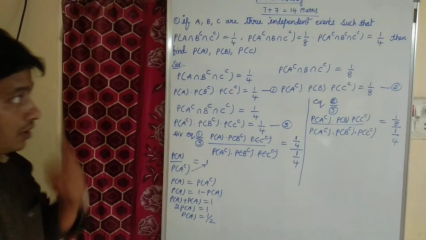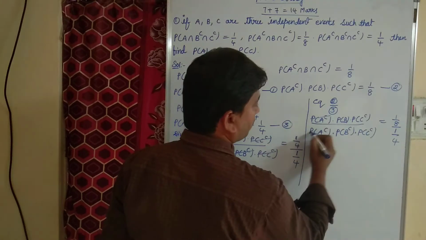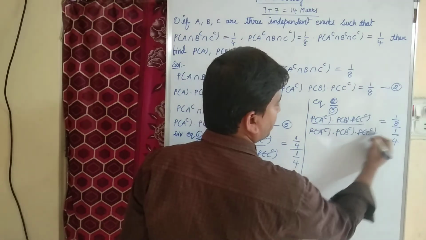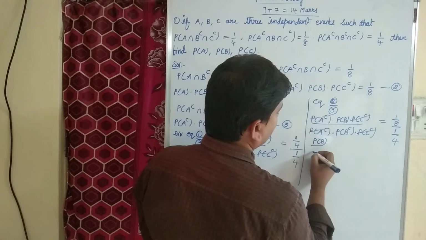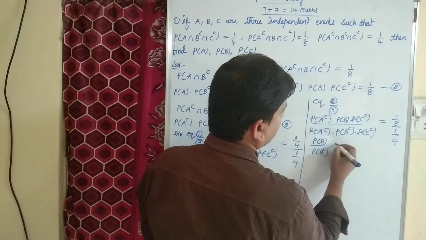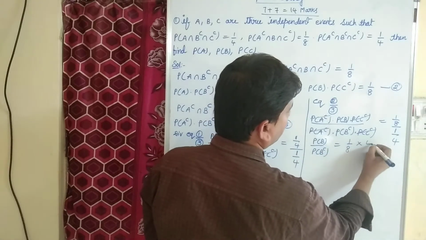Okay children, now let me cancel P of A cap and P of C cap. So this will become P of B by P of B cap equal to 1 by 8 into 4 by 1.